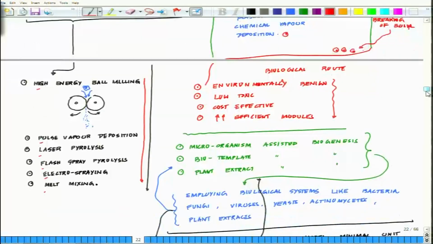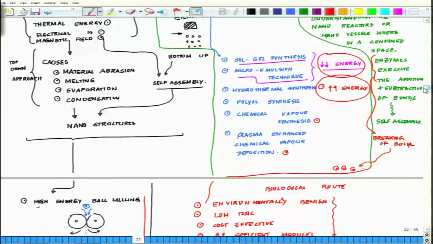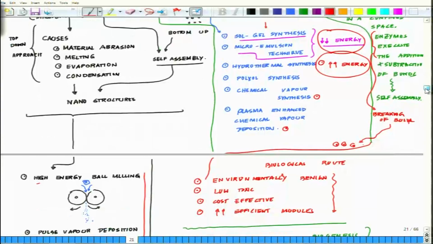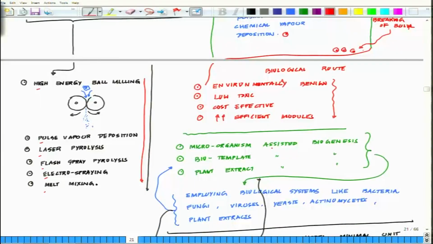Then in the chemical route, we will talk about sol gel methods, microemulsion technique, hydrothermal synthesis, polyol synthesis, chemical vapor synthesis, plasma enhanced chemical vapor deposition. And then in the biological routes, we will talk about microorganism assisted biogenesis, biotemplate assisted biogenesis and plant extract assisted biogenesis. Okay. So, we will close in here.